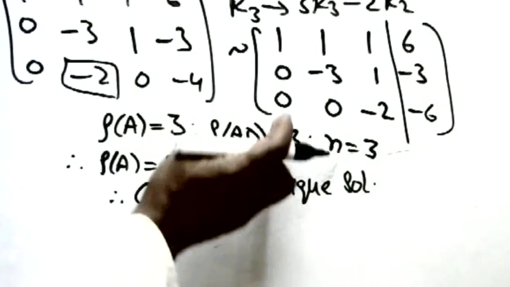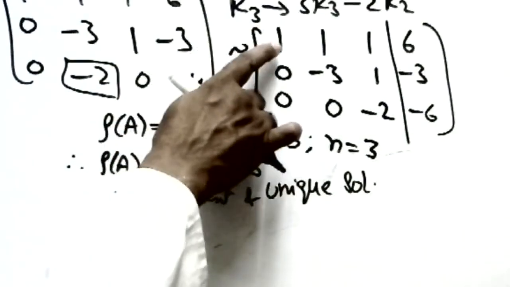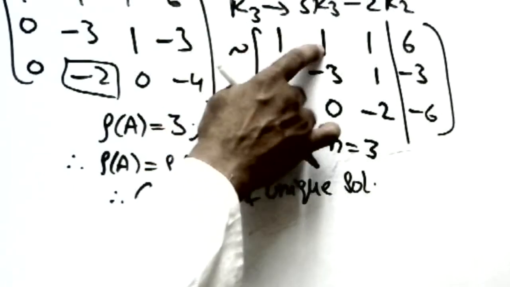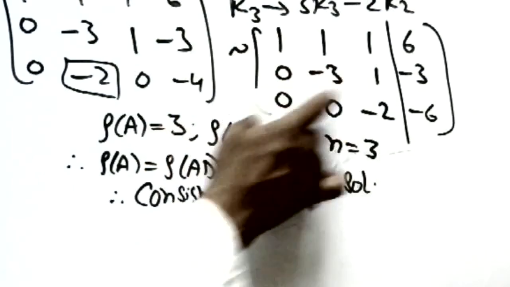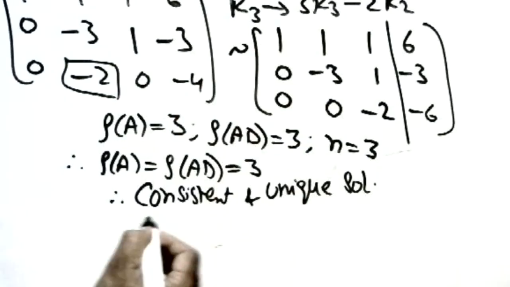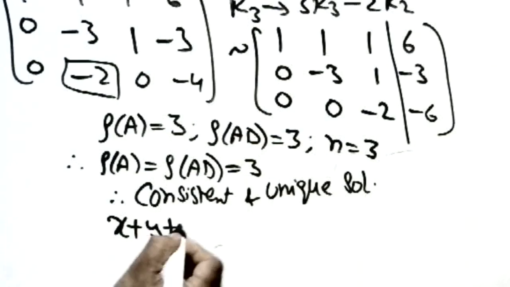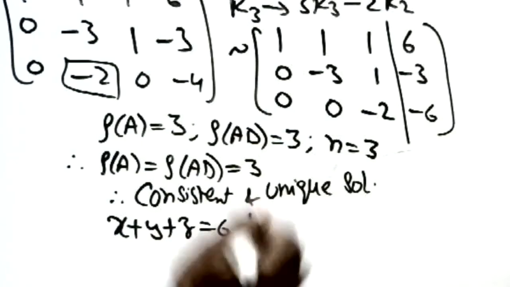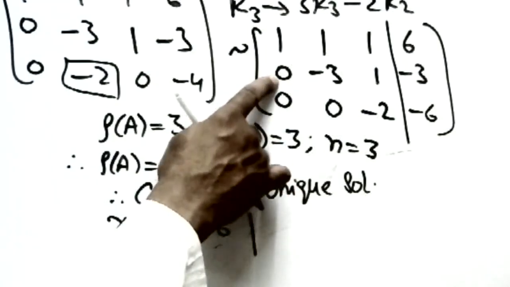Now, how to find the solution? You see here, in the last step before making 0, again you do one thing. You keep here x, y, z, x, y, z, x, y, z. 1x means x, plus 1y means y, plus 1z means z, equals 6. One equation got.